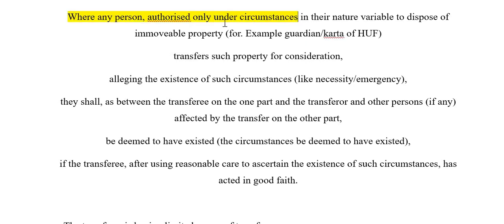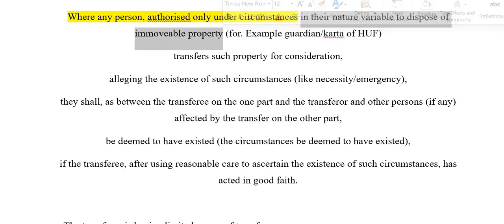When these certain circumstances exist, only then that person is authorized to transfer the property. The sentence just covers that yes, there are circumstances. Now we'll come to examples later on.